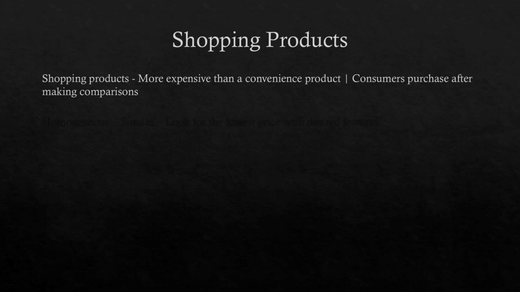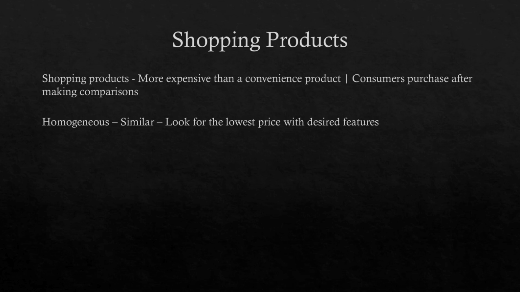The first type is called a homogeneous shopping product. These products are going to be similar. Consumers typically look at the lowest priced brand that has the desired features the customer is looking for.